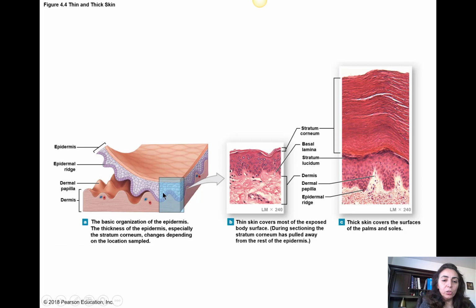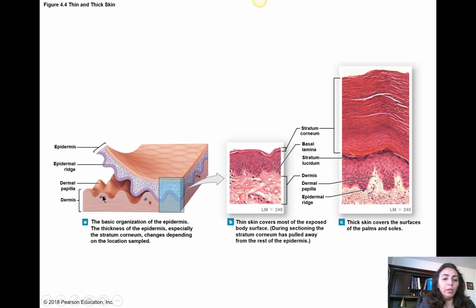This picture is taken from the border of the epidermis and dermis. This part is good for seeing all these ridges between the epidermis and dermis. These projections of the epidermis toward the dermis are called epidermal ridges. That is one epidermal ridge, next epidermal ridge, next epidermal ridge.